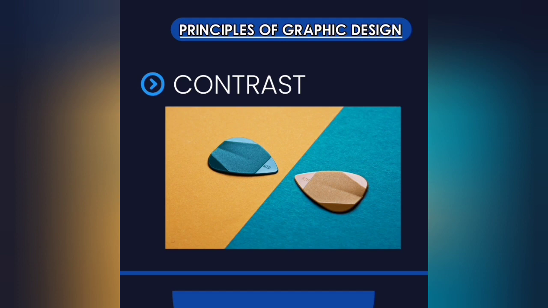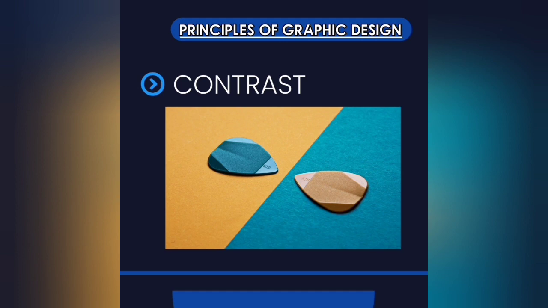If you notice, there are two colors and also two shapes. These shapes are similar, but the use of contrast has made it such that there is a distinction between them.